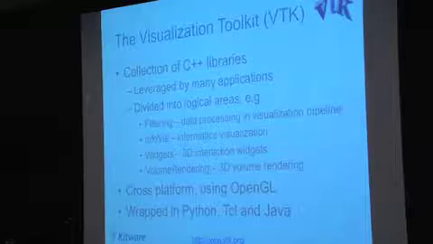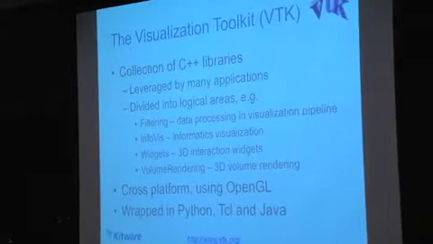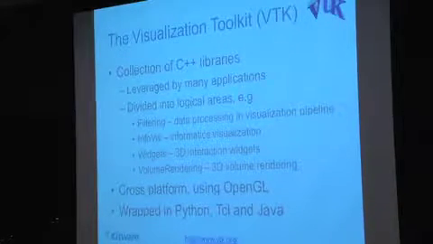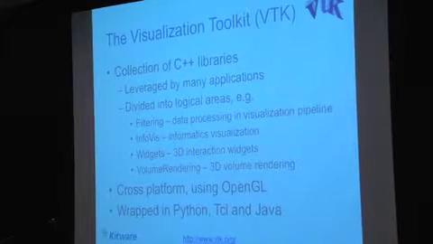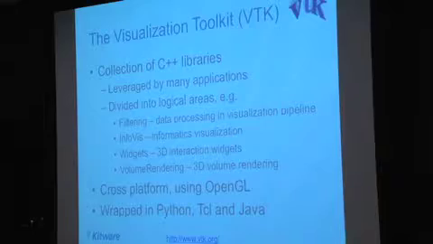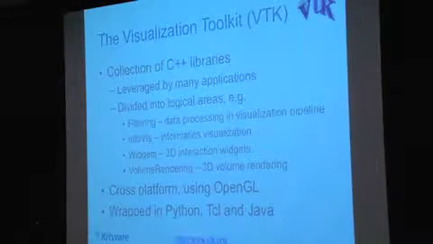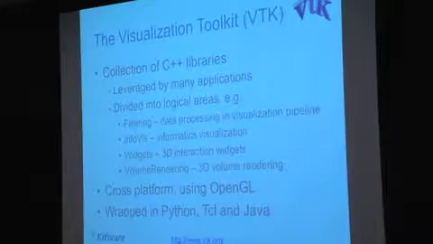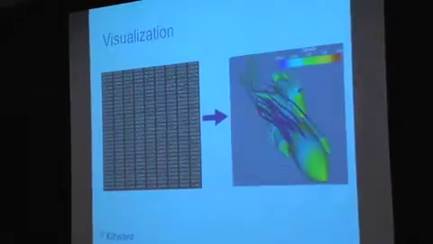And it's all cross-platform. It works on Windows, Mac, Linux, and more recently we're pushing this onto mobile phones and into things like WebGL. And it's wrapped in Python, Tcl, and Java, so it's very easy to access the algorithms we write in C++ from simpler languages that are easy to write glue code in.